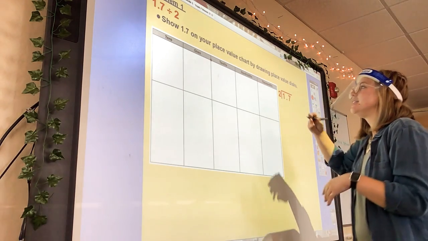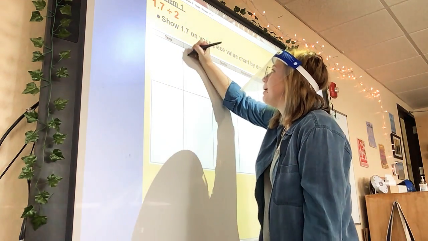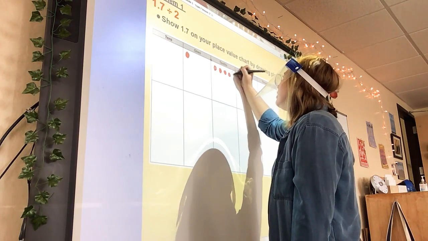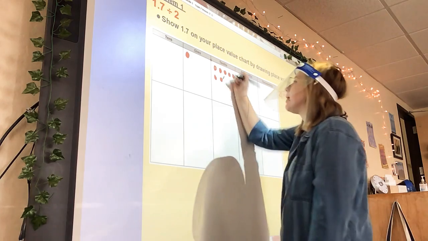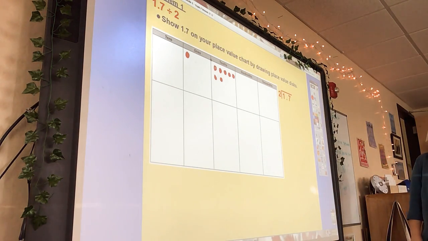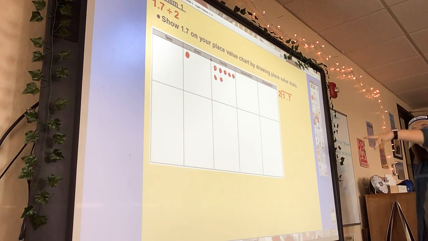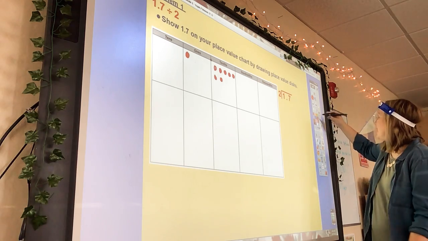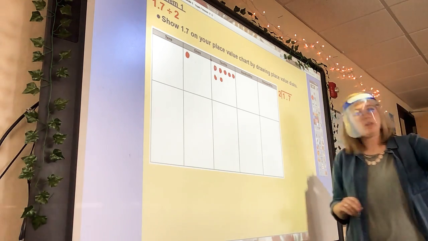So, all right. I'm going to start with 1 in my ones place, 7 in my tenths place. Okay? And like I said yesterday, we're going to start on the left side when normally we start on the right, okay? So I'm going to start on the left side, and I'm dividing by 2, okay?